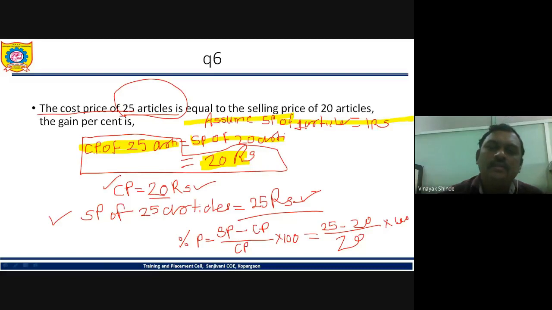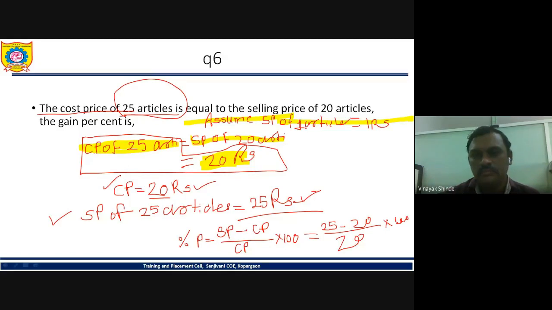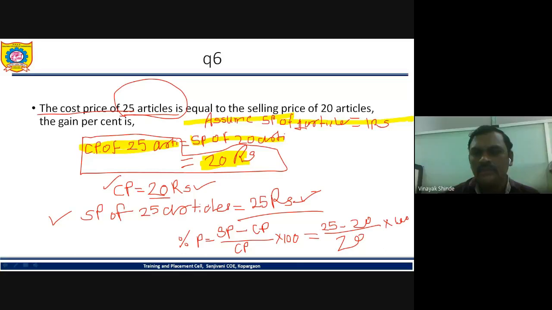Khule Sakshi, tell us the percentage loss formula. See, attendance is taken by Chaudhary sir, but my attendance is remaining, so do not leave the class.